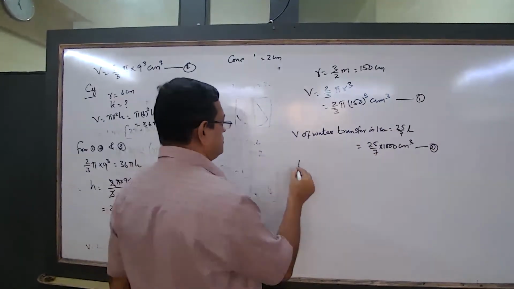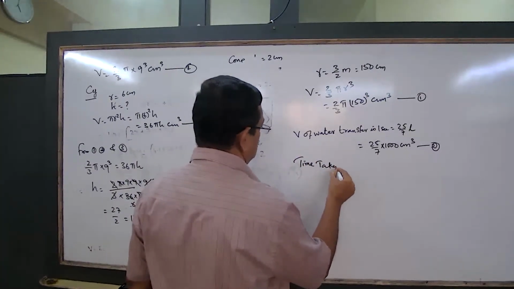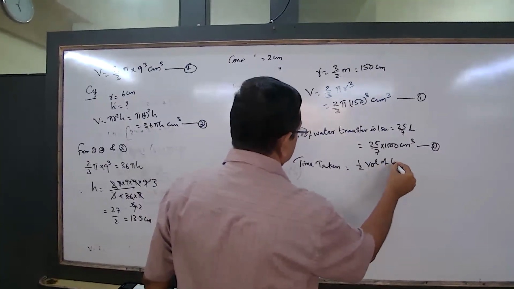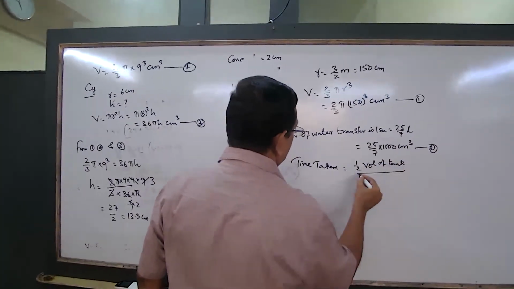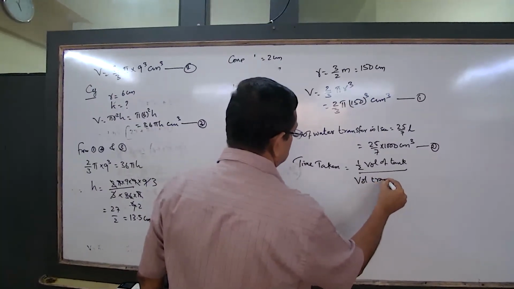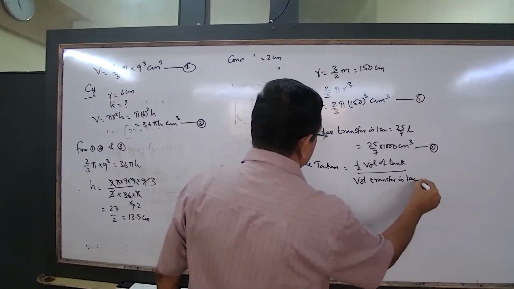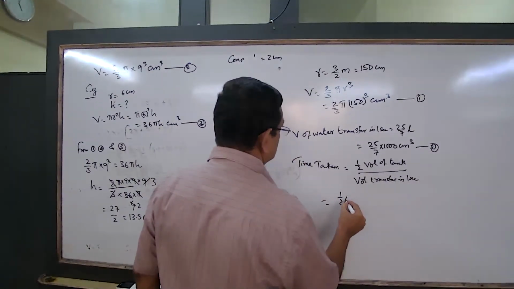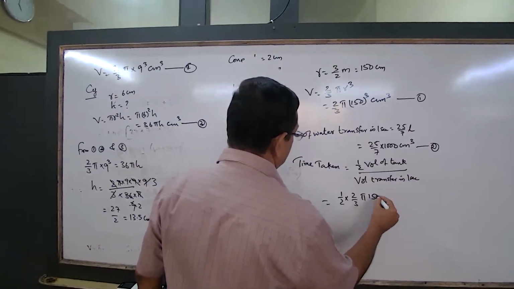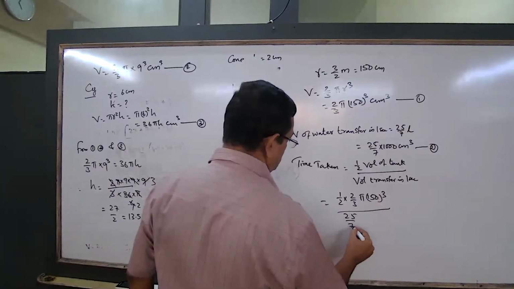Therefore, time taken is equal to half volume of tank divided by volume transferred in 1 second. That is equal to half into 2 by 3 pi into 150 cube divided by 25 by 7 into 1000.